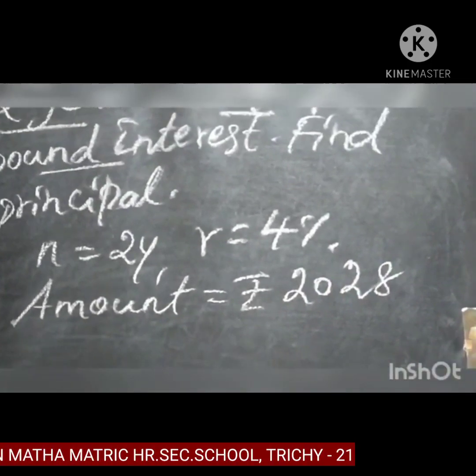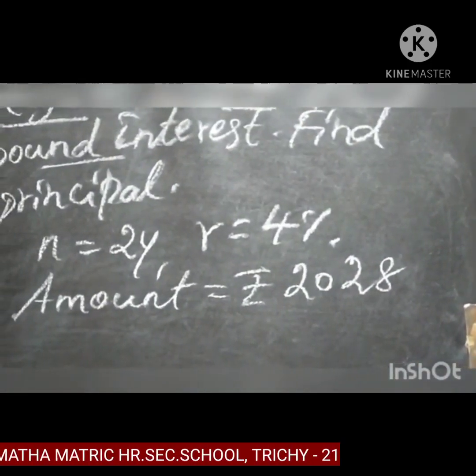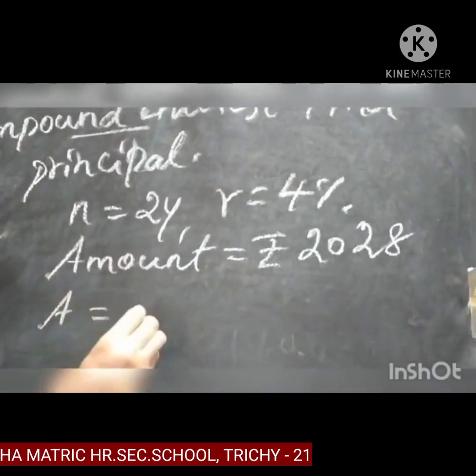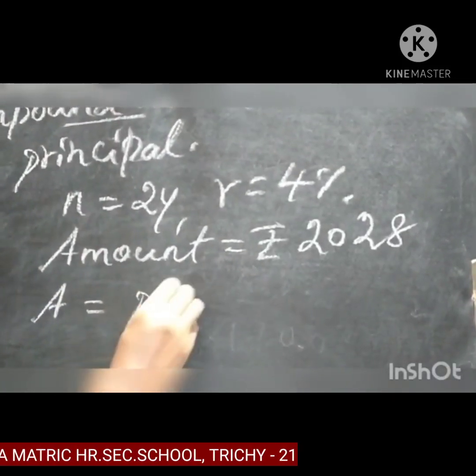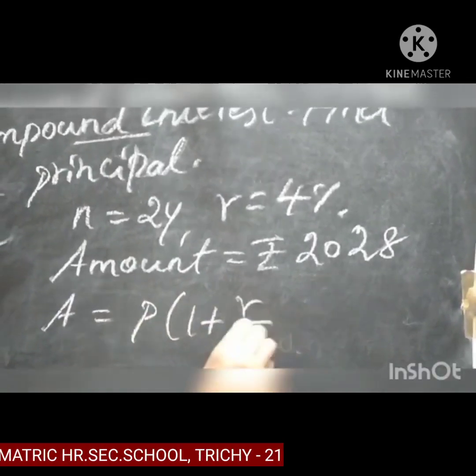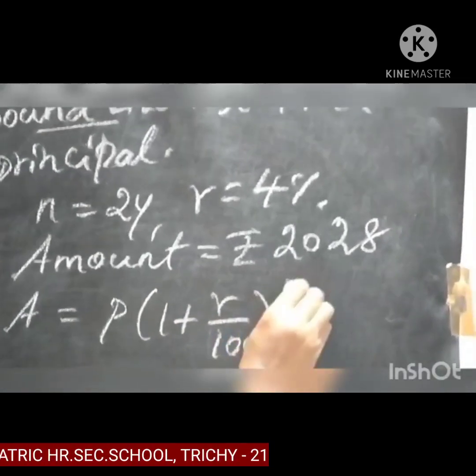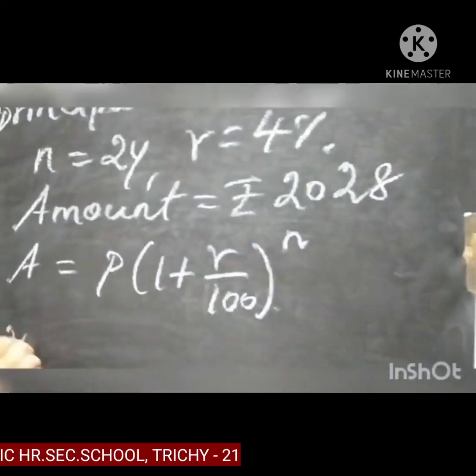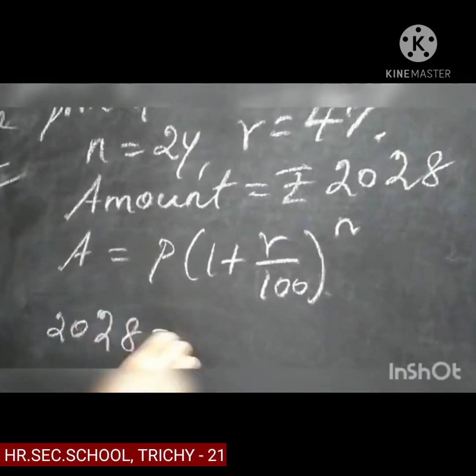So by using the formula, A equals P into 1 plus R by 100, the whole power n. The amount is given, 2028 equals P.